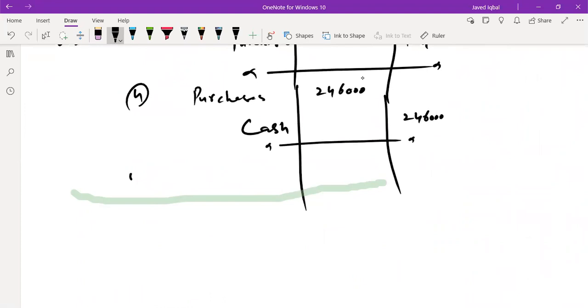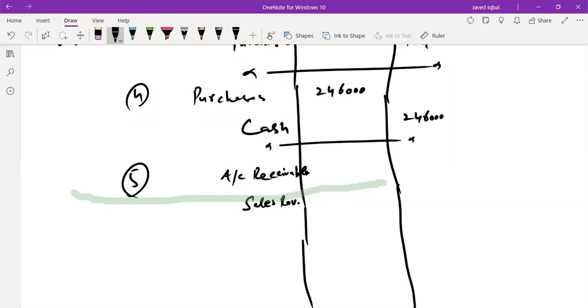All on credit would mean this would be account receivables, and you are generating your sales revenue as credit.